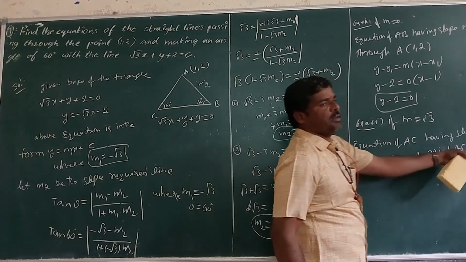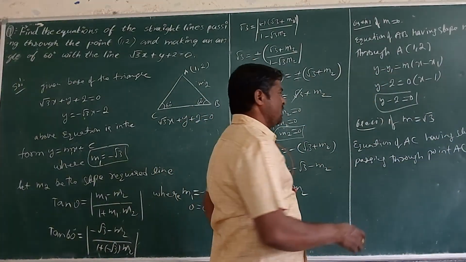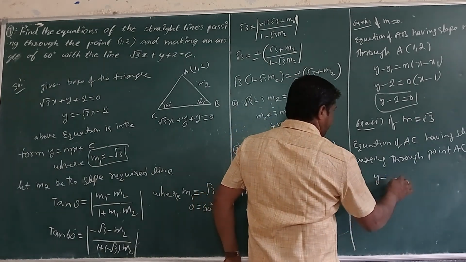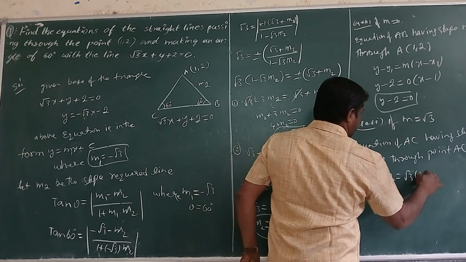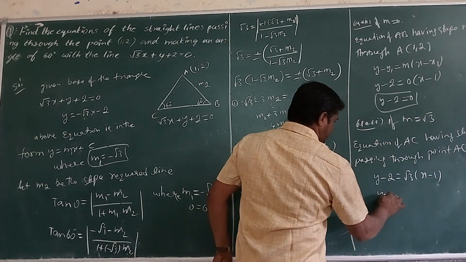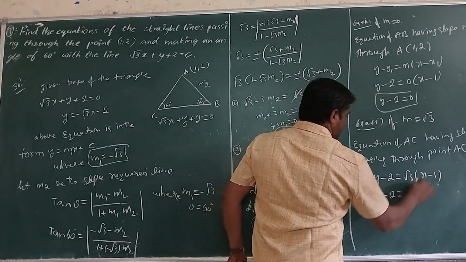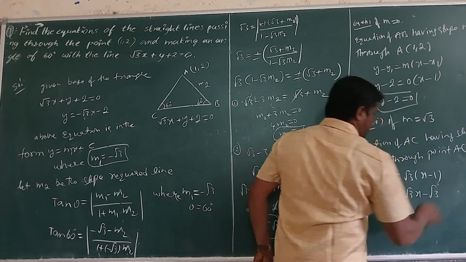Slope point form: y minus y1 equals m of x minus x1. Y minus y1 value 2 equal to m value root 3 of x minus x1 value 1. Y minus 2 equal to root 3 into x, root 3x, root 3 into minus 1, minus root 3.